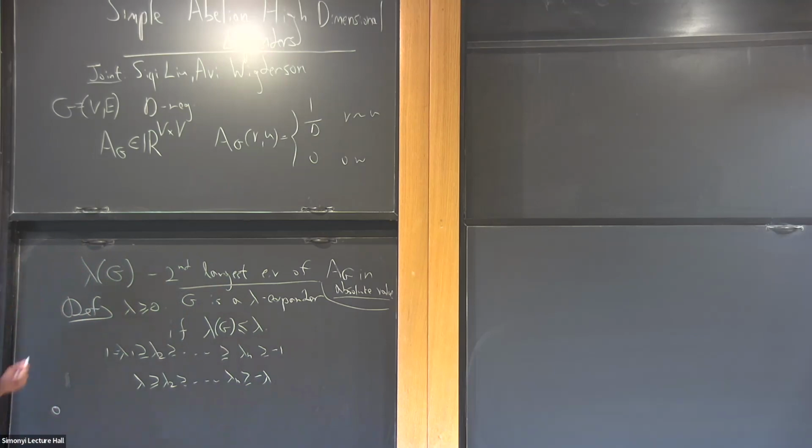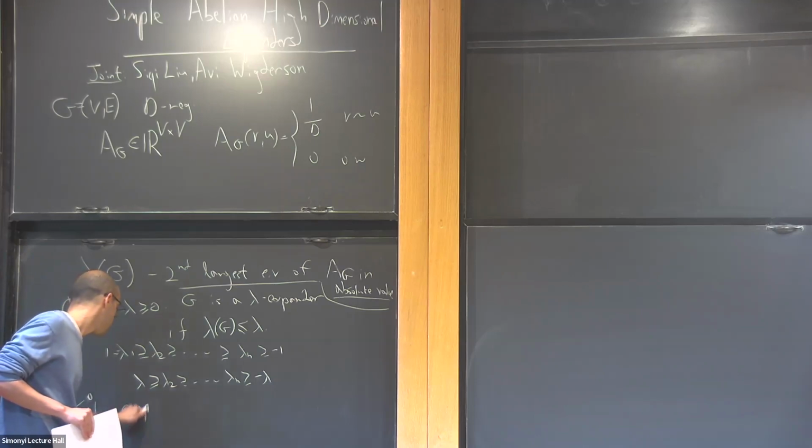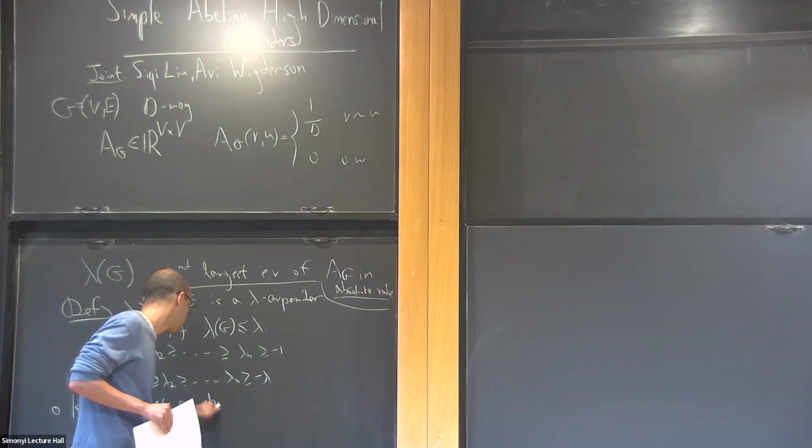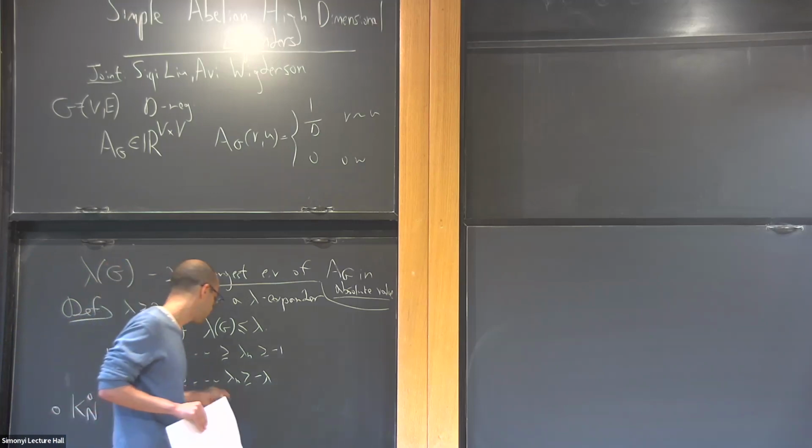In any case, I want to give an alternative definition that I find nice. Let me denote by Kn naught the complete graph with self-loops. So all my graphs in this talk will be simple without self-loops except for this one.